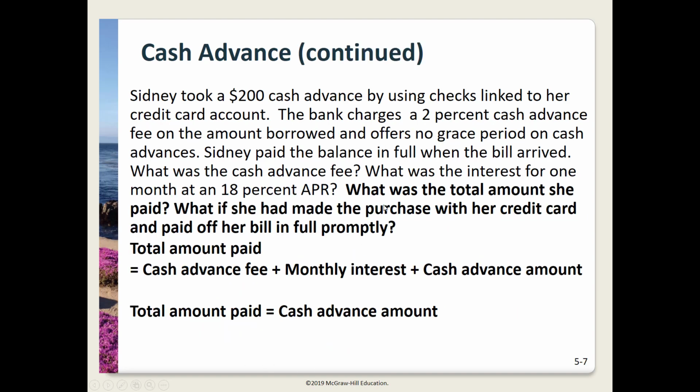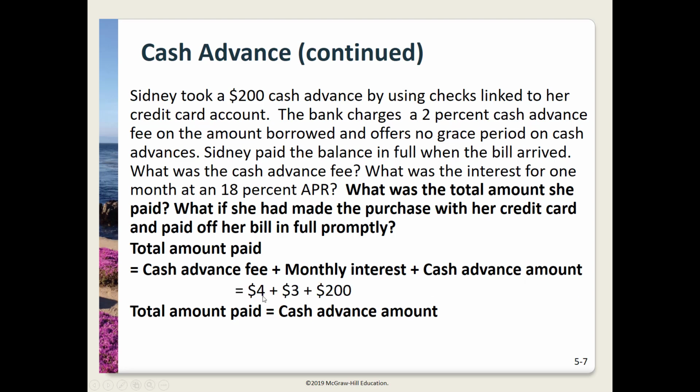Now, in the next part of the problem, it asks what was the total amount she paid? What if she had made the purchase with her credit card and paid off her bill in full promptly rather than waiting? So here's our two formulas. For the total amount paid, we'll be using the values we previously found on the last slide. So the cash advance fee plus the monthly interest plus the cash advance amount.